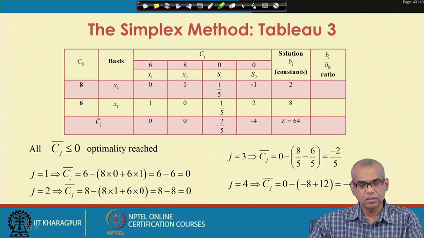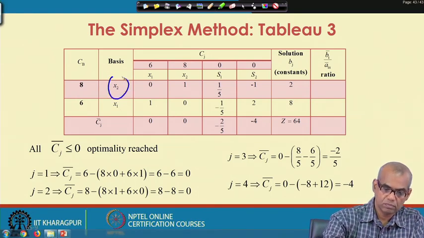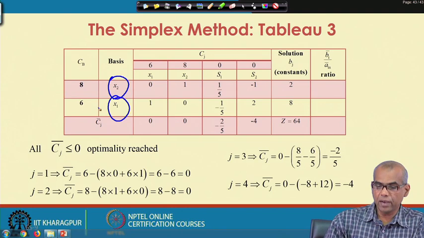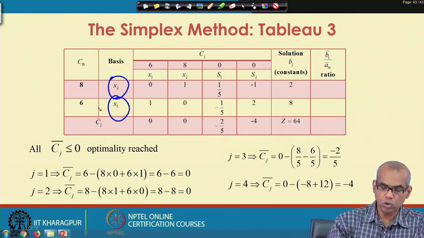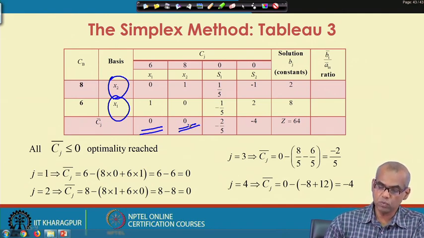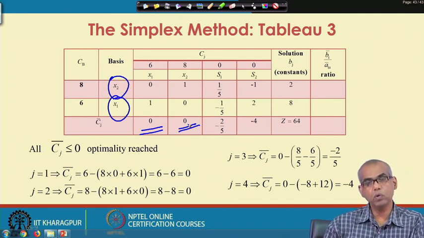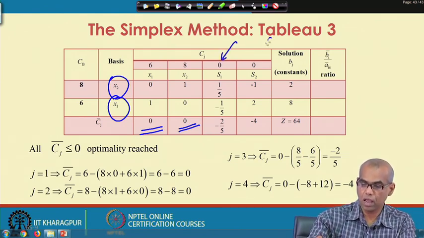In the tableau 3, we have x1 and x2 as basic variables and S1 and S2 as non-basic variables. So, for basic variables, we can straight away write the relative profit coefficients as 0 and we have to find out the relative profit coefficients for the non-basic variables S1 and S2.